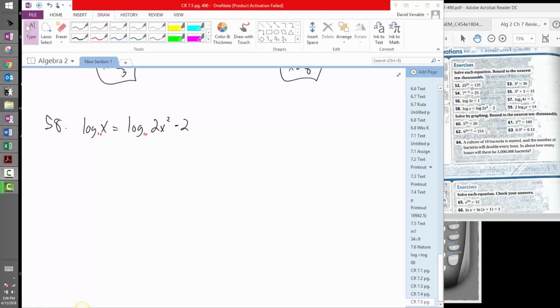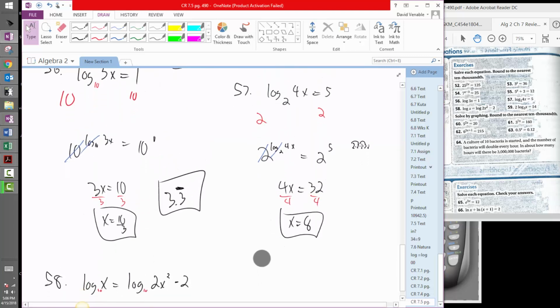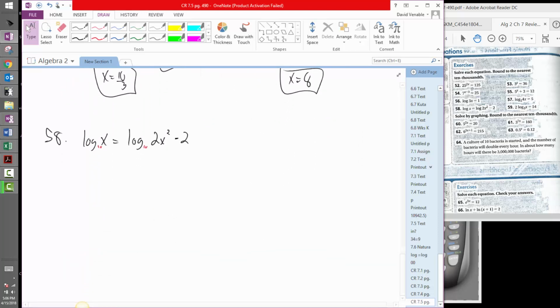I might be tempted to, like I did in problem 56, just make both things a power of 10, but you're going to run into a couple of issues if you do that right away. So you can try it, but here's one thing you'd have to do. Again, this is if you're doing it by hand. You could always, like we're going to do in the next one, solve these graphically.